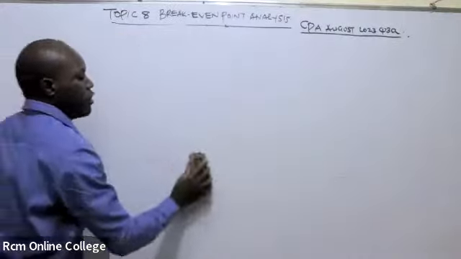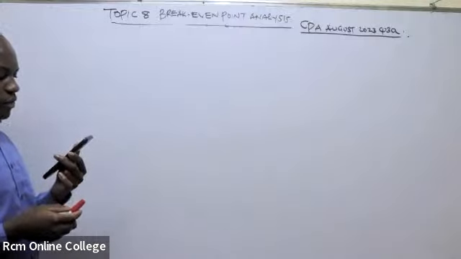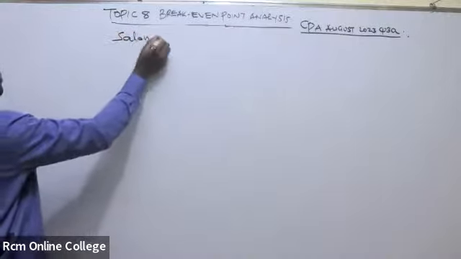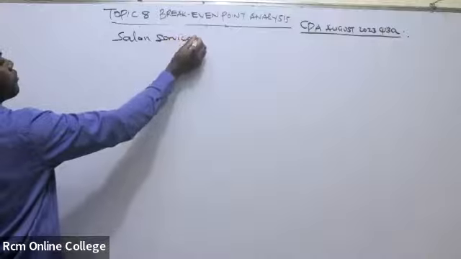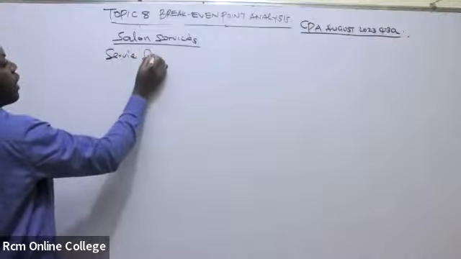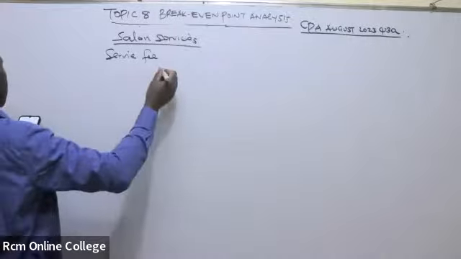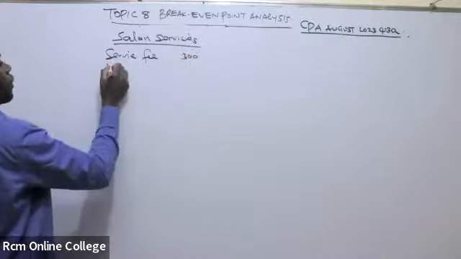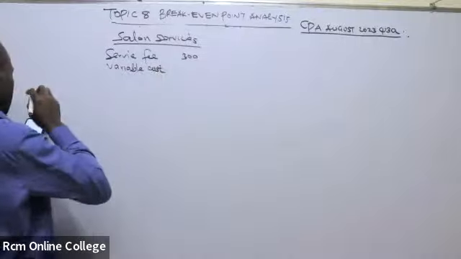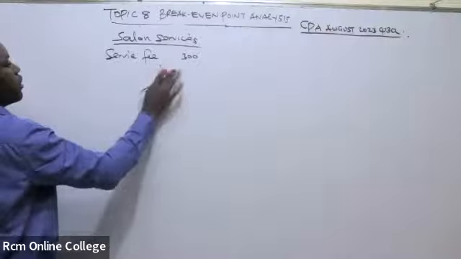So they're telling us if the company was to offer only salon services, so we have salon services here. We are given a service fee per client, that is 300. We are given variable cost, and this variable cost is not combined.